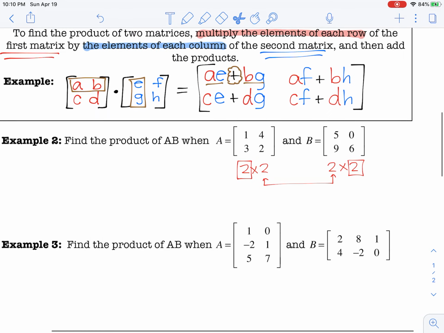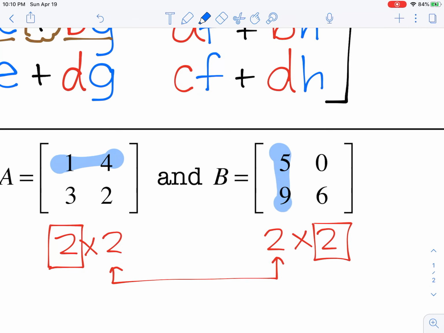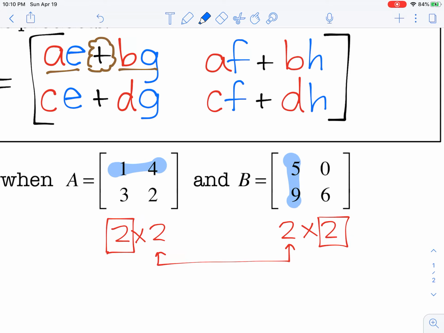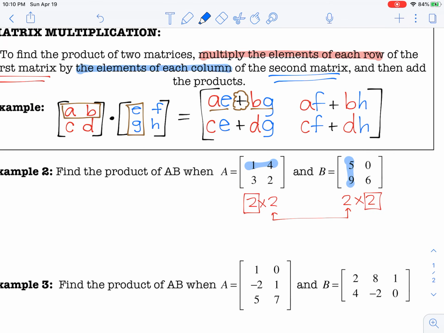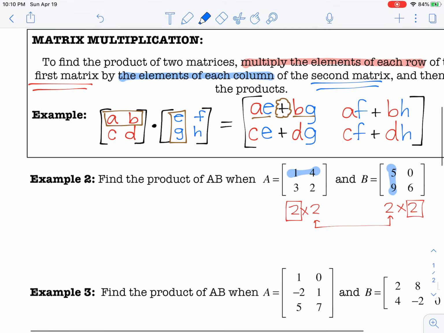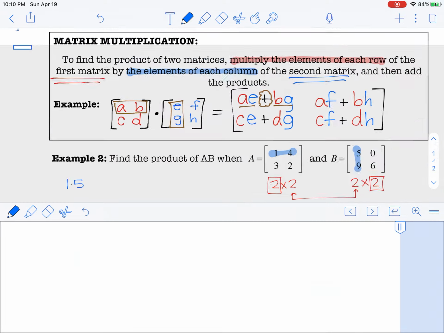All right, so I'm going to highlight the rows we're working on. First row goes to the first column. The first element in each is a 1 and a 5, so I'm going to take 1 times 5. Let me zoom out so we can see what we're doing as I write.